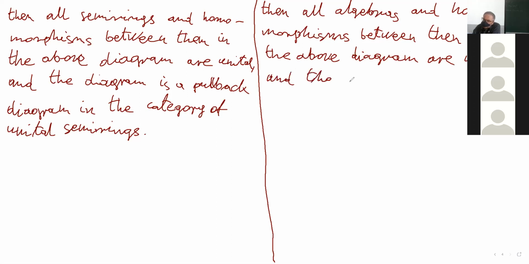And the diagram is a pullback diagram in the category of unital algebras.